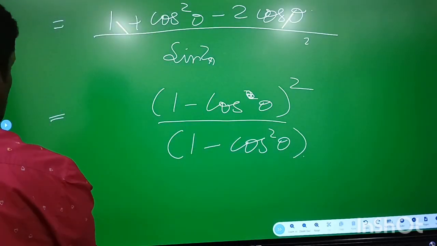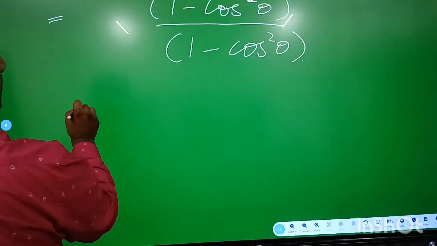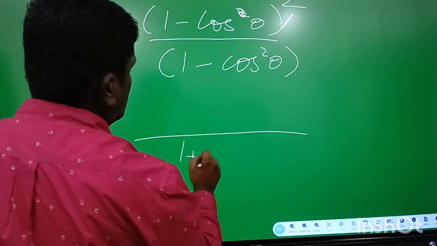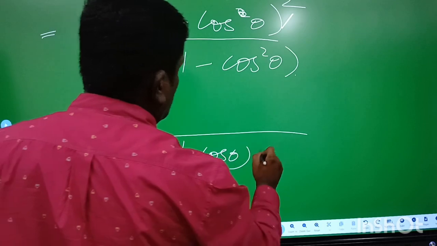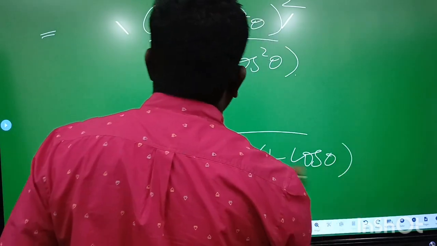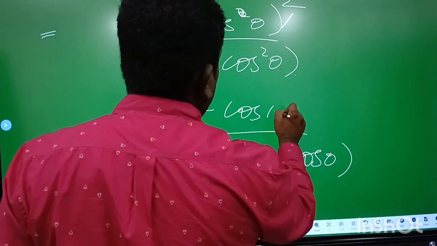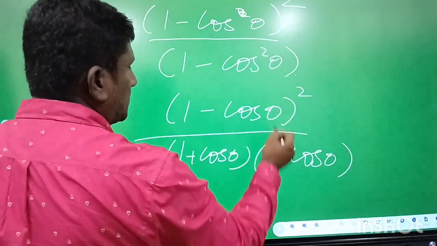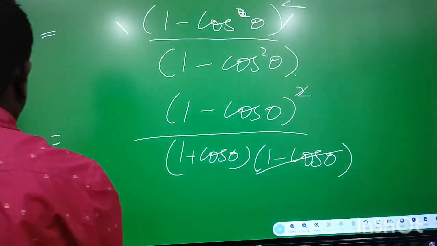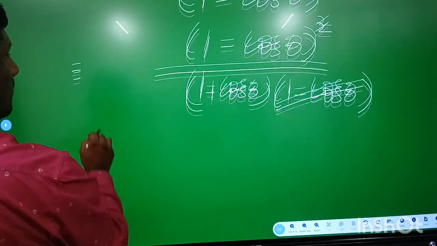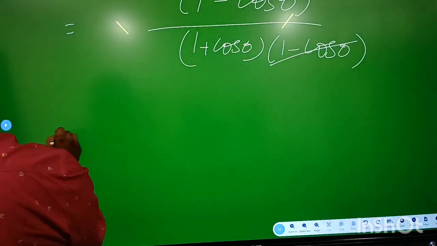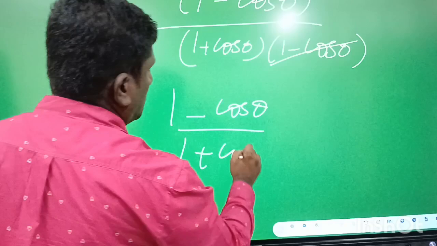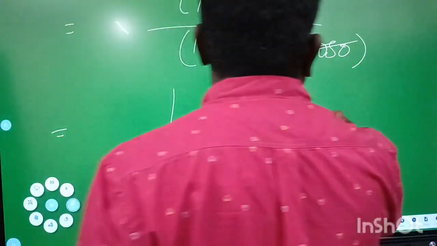Now this 1 minus cos square theta can be written as (1 plus cos theta) into (1 minus cos theta), and here the numerator is (1 minus cos theta) the whole square. So here I can cancel, and moving on further we can say that (1 minus cos theta) by (1 plus cos theta), which is equal to RHS.